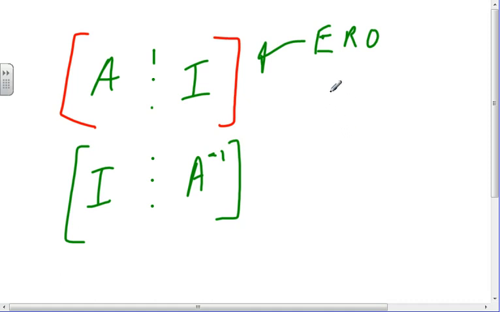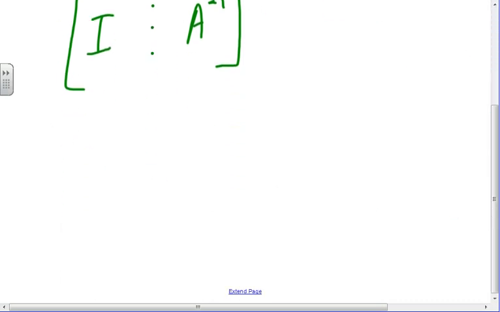So on page 509, we have the 3 elementary row operations that we can do. So we can interchange any 2 rows. So I've got row A and row B, and I can put that one up there and that one down there.